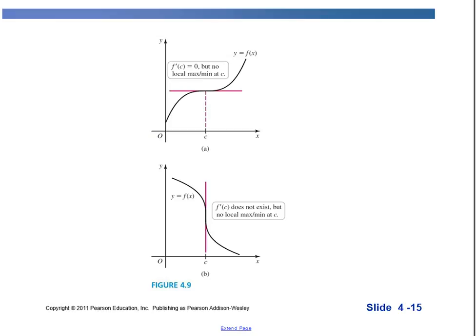We'll look at how to prove that in a minute. If the derivative does not exist, here we have a vertical tangent line, and remember the slope of a vertical line is undefined. So that's why the derivative doesn't exist, and we have no local max or min. But we still might get a change or a critical number when we go to evaluate.